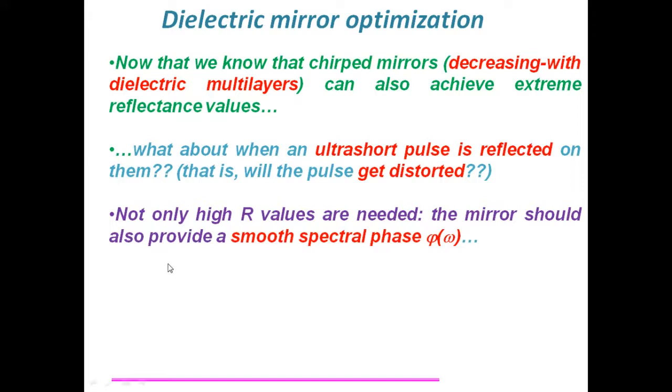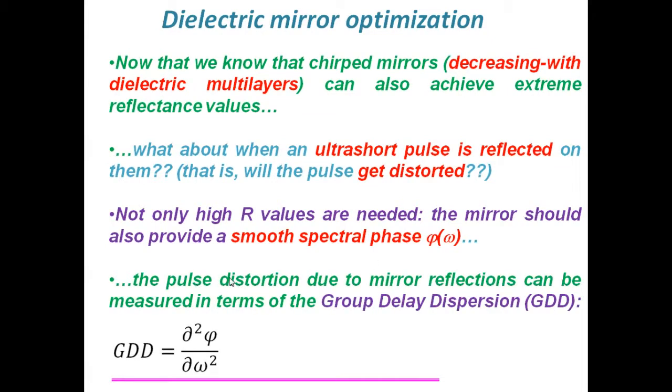Not only high R values are needed, we also need a smooth spectral phase, because the pulse distortion is related to the so-called group delay dispersion, GDD. This GDD is just the second derivative of this phase with respect to the frequency.